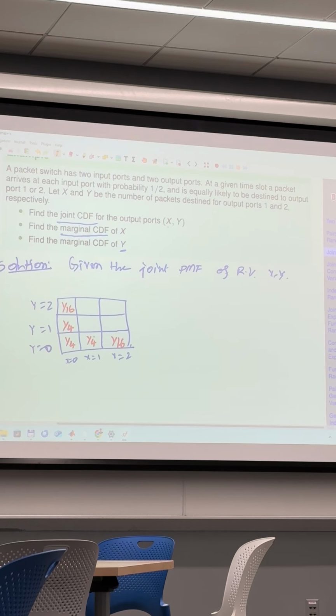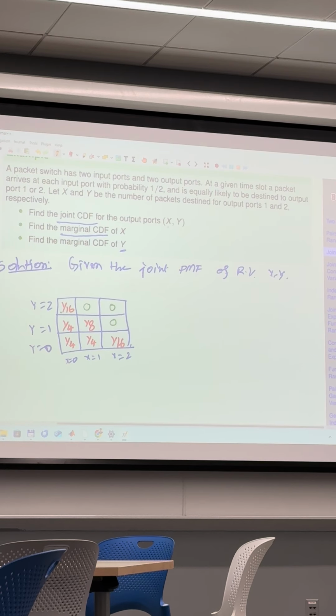When x equals 1, y equals 1, it was 1/8. And that's it. Other values, if I don't write anything, are impossible events, because the number of packets cannot be more than 2. So for x equals 1, y equals 2, this event cannot happen, therefore the probability is 0.